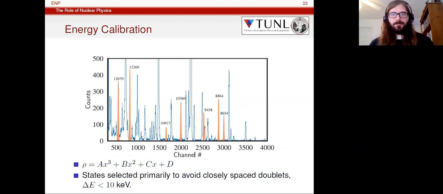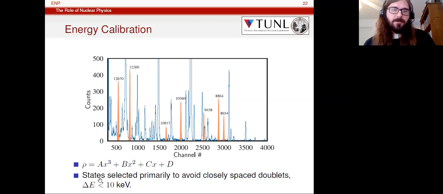And what this means is that we were very careful about any state that we chose above the threshold. So as you see here, we've only picked two, at 12260 and 12670. These are the only two unbound states that we used. The rest of these are bound states, and preferentially we picked measurements that had known gamma ray energies, and then performed a third order fit.